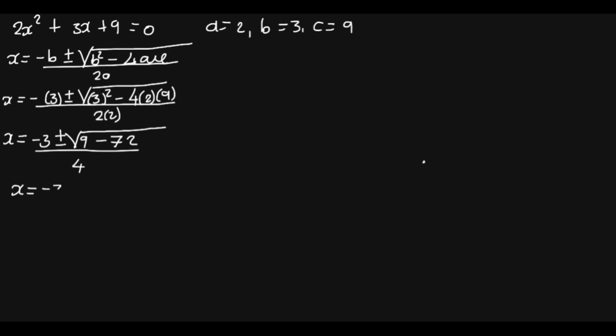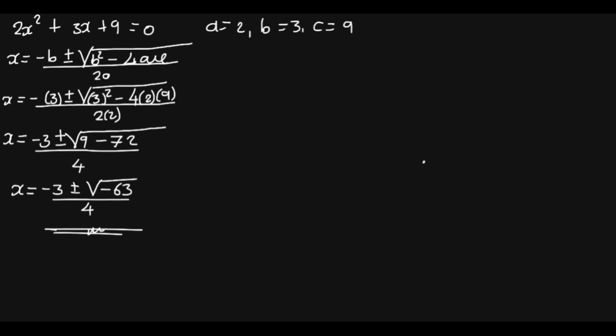So this time now, look at the way the question is. If we say 9 minus 72, we are getting a negative number under the root. So what happens if you have a negative number? You just leave it here.